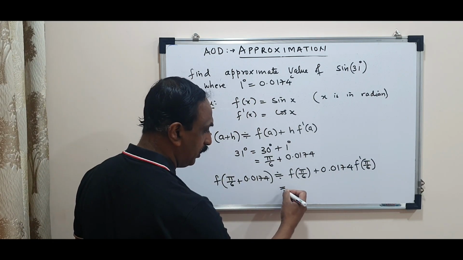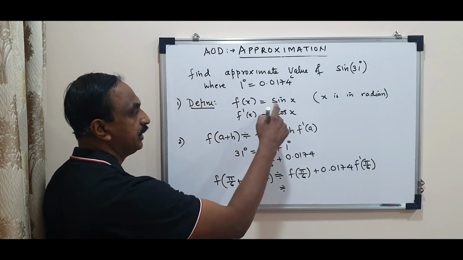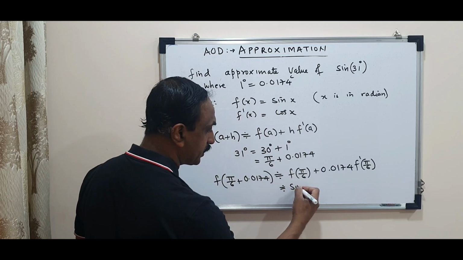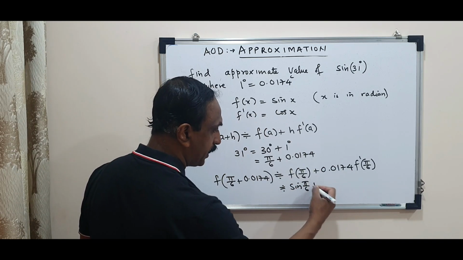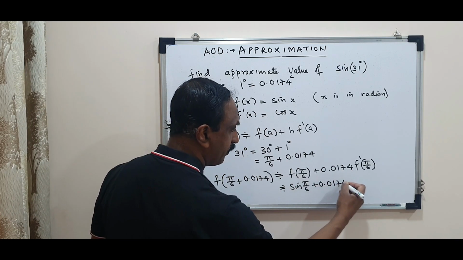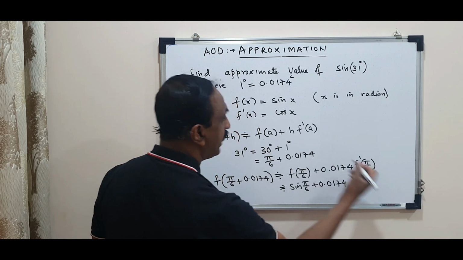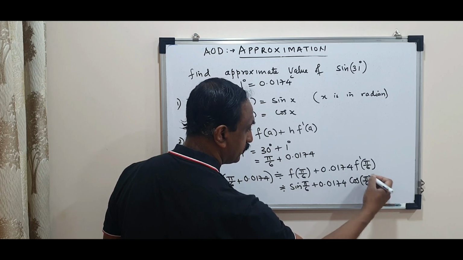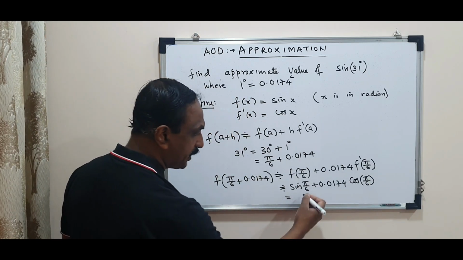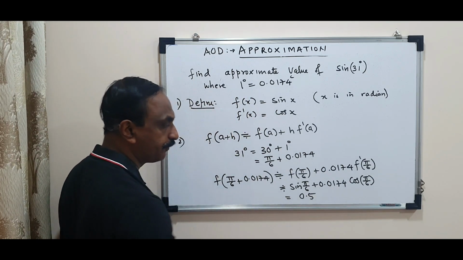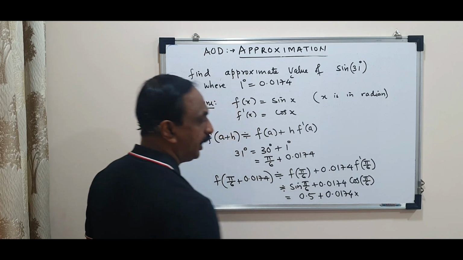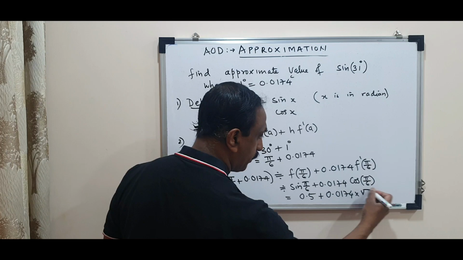Now we will put the corresponding values. F of pi by 6, replace x by pi by 6 here, sine pi by 6, plus 0.0174 into f dash of pi by 6, cos pi by 6. Now sine pi by 6 is half, so 0.5 plus 0.0174 into cos pi by 6, which is root 3 by 2.